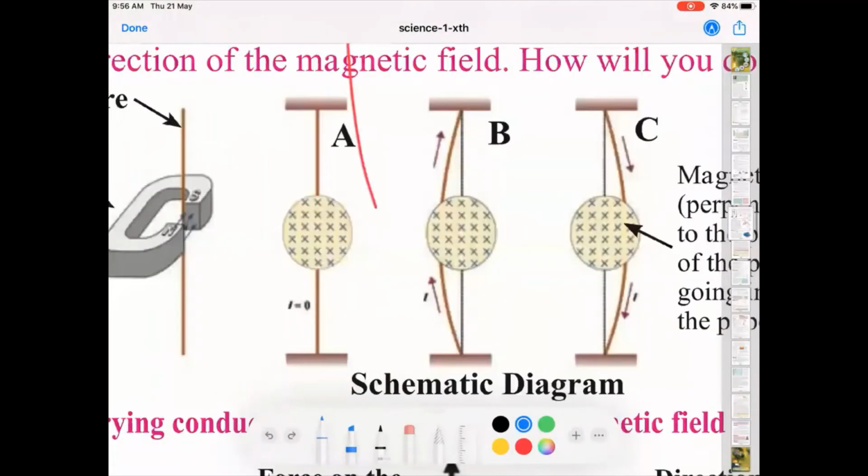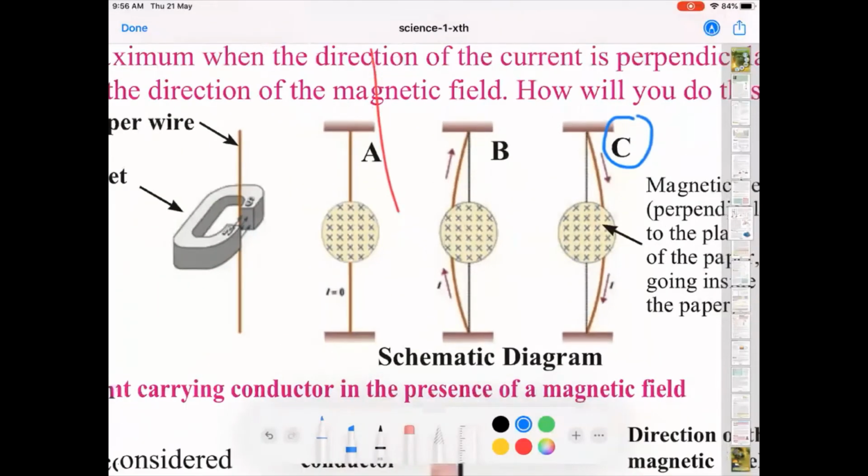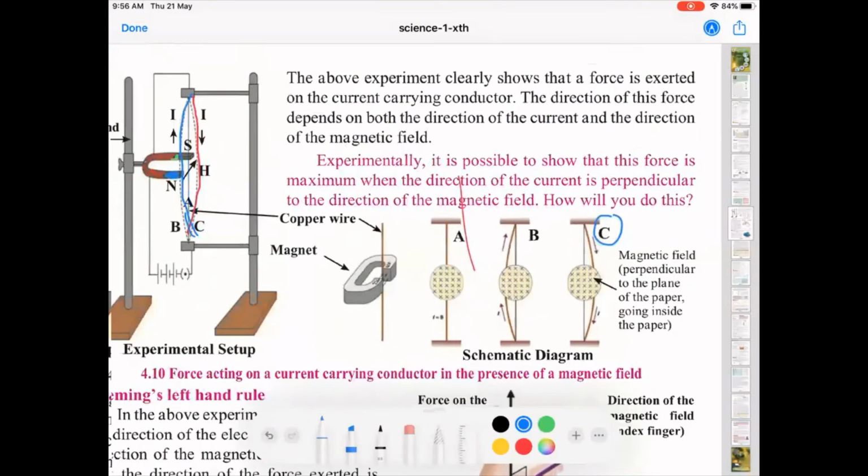In the first case, when the current flows from top to bottom, you have this C, that is the wire is coming out, and in the second case you have B, that is the wire is going in. But both these displacements are perpendicular to the direction of the magnetic field as well as the direction of the current. Understand?